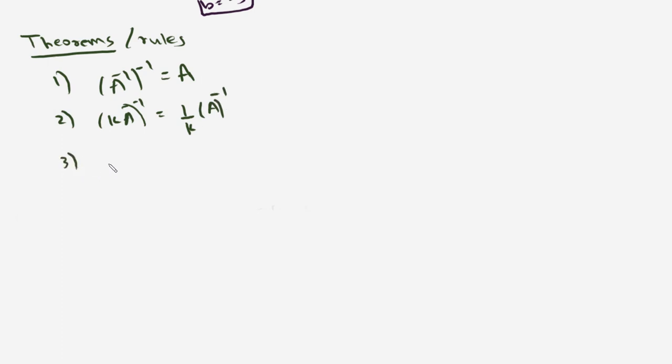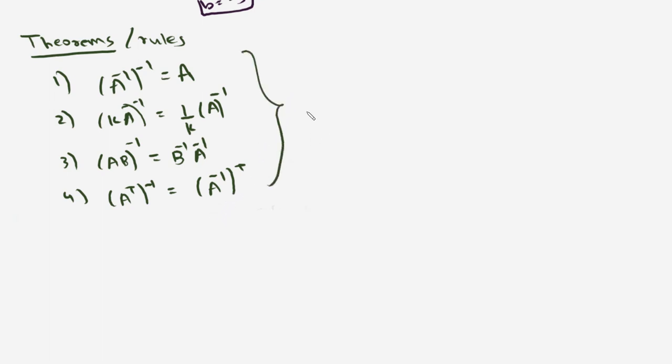The third theorem is, if you take the inversion of a product, then the order will be swapped this way. And the fourth and last one is, if you take the inversion of a transpose matrix, you can write it either like this, or you can take the transpose of the inverted matrix. Right? So those are the 4 rules associated with matrix inversion.